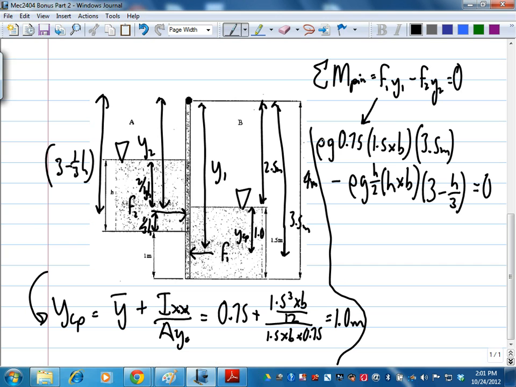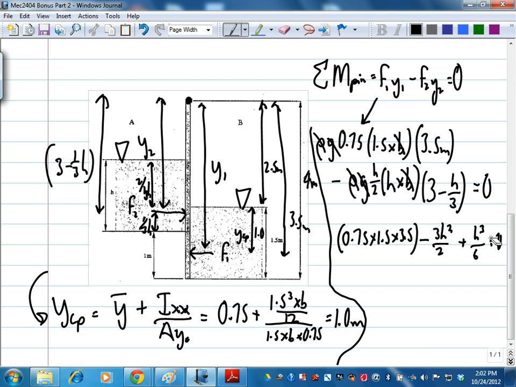Okay, so if you were to do this one, I guess the rho and G can cancel out. B also can cancel out. So I'll get 0.75 times 1.5 times 3.5 minus, 3H squared over 2, plus H cubed over 6.